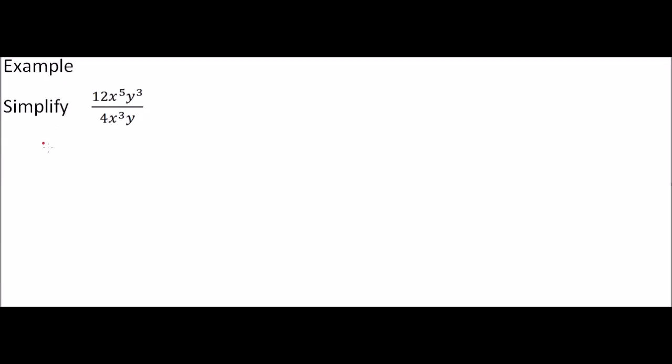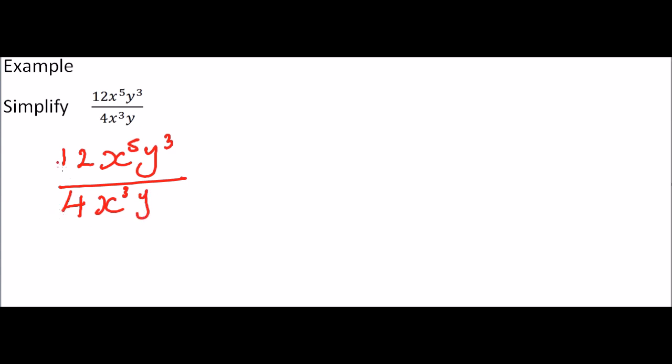This is another example. Simplify 12 x raised to the power 5, y raised to the power 3, and 4 x raised to the power 3 multiplied by y. So we can write 12 x to the power 5, y to the power 3, all divided by 4 x to the power 3 and y.